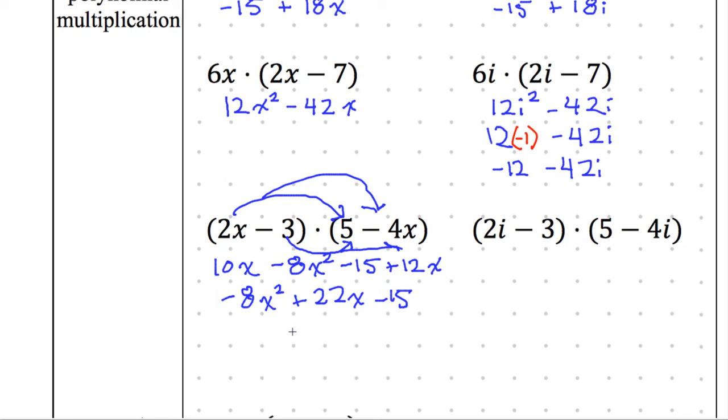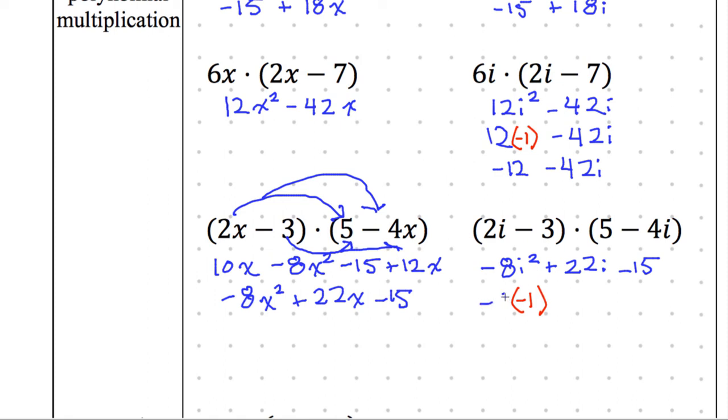Alright, you've unpaused the video now. So I'm just going to start right here with -8i squared plus 22i minus 15, and I know that I can't have an i squared. This is actually a -1. And then I'm going to copy down the rest of the problem.